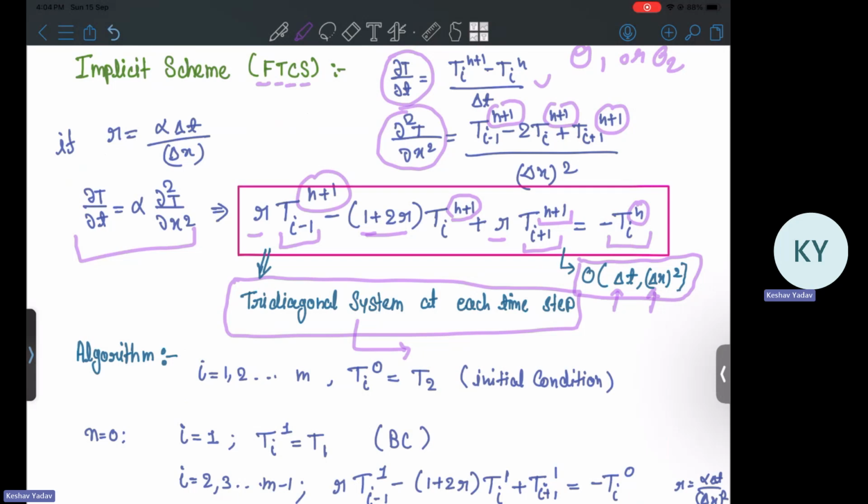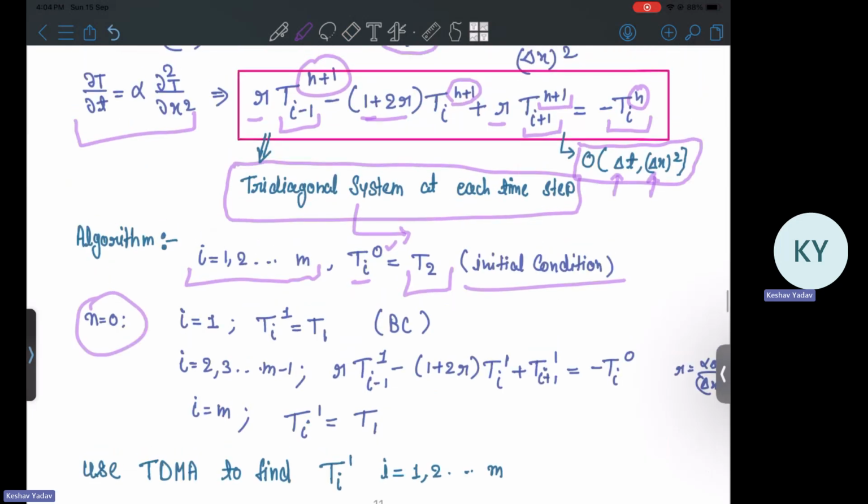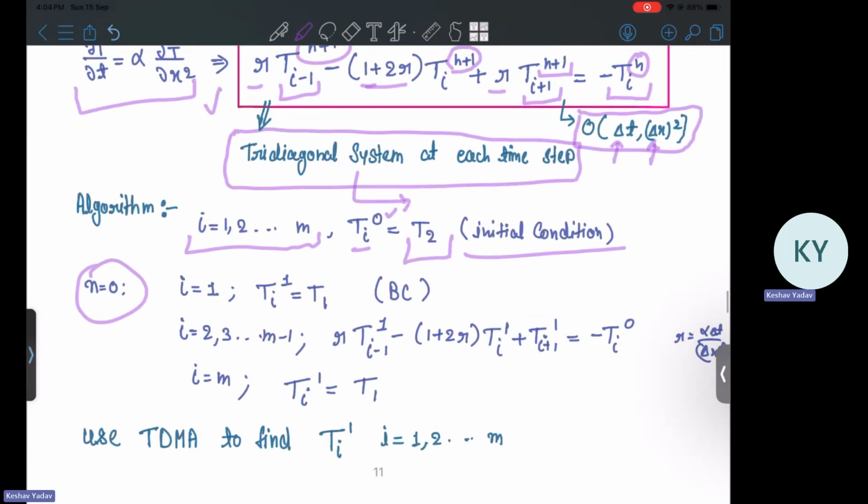Okay. So how will our algorithm go? For every i, we know at n equal to 0, Ti will be equal to T2. Okay. This is the initial condition. Now we'll put n equal to 0 in this equation. When we put that, for i equal to 1, the boundary condition Ti at first will be equal to T1, and for i equal to m, Ti at first will be equal to T1.